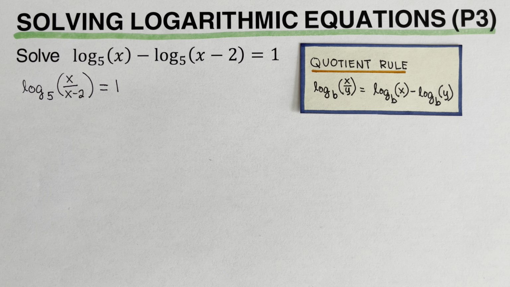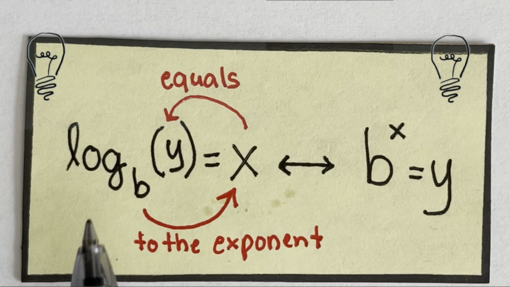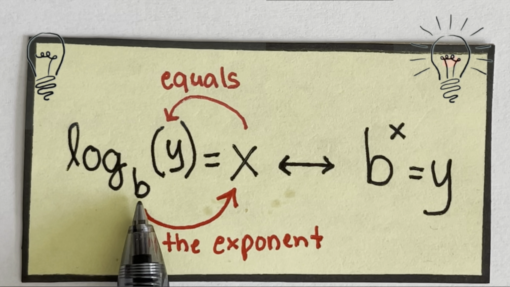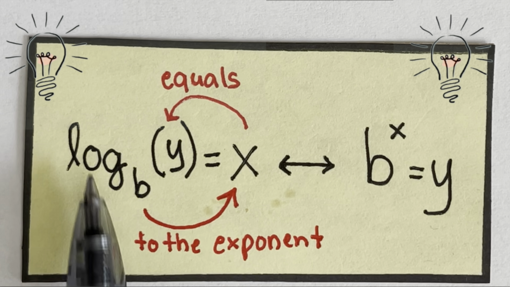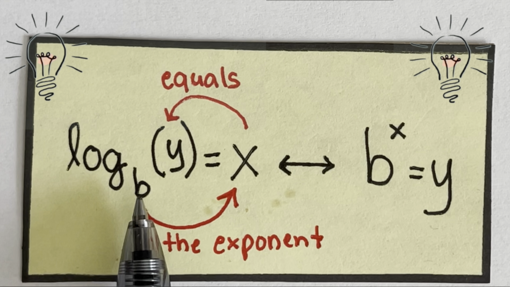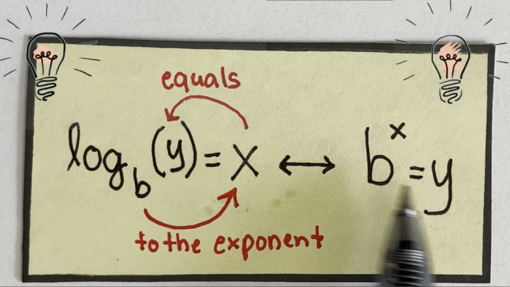So from here we can change this to its exponential form following this general rule that we have right here. If we have log of y to the base b is equal to x, we can change this to its exponential form by writing b to the exponent x is equal to y.